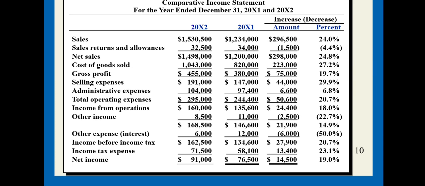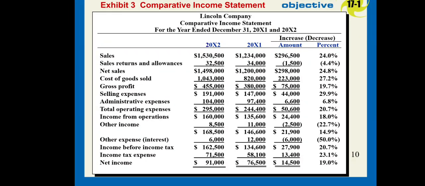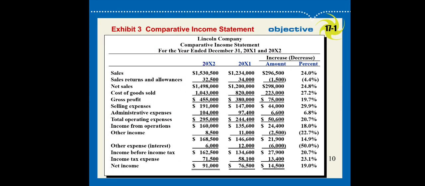So if you do not do the analysis, you just see the number, you will say that the company is getting better. Why getting better? Because the profit is higher in the current year compared to the previous year. So let's see how now we do the analysis. For every item you have to do the same thing. You have to prepare column number 4 and 5.